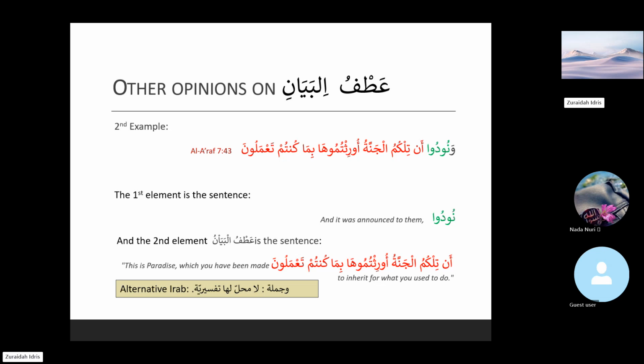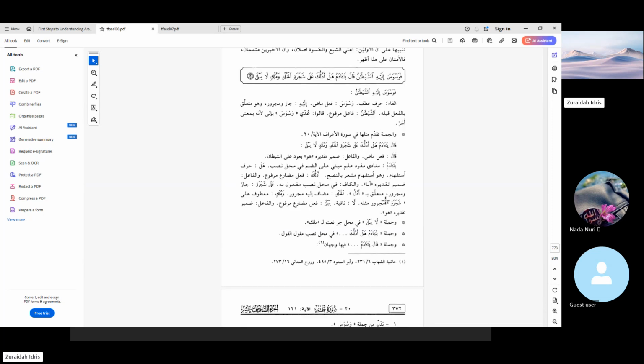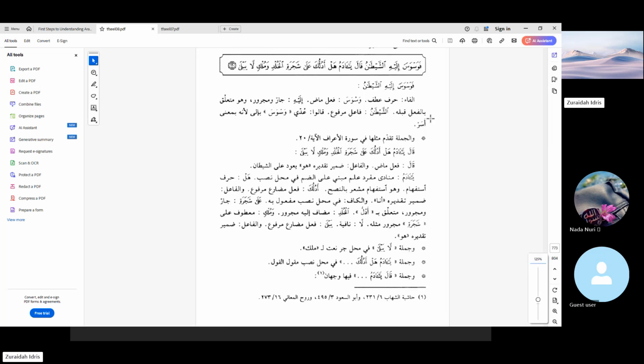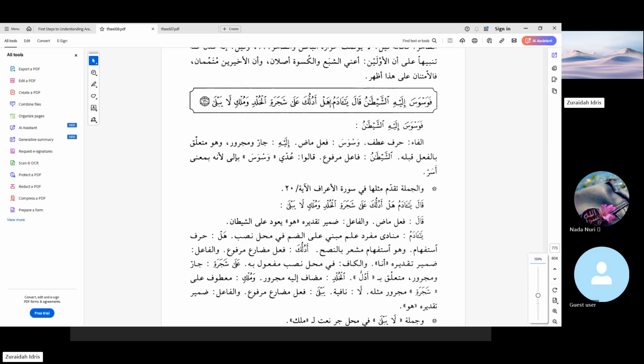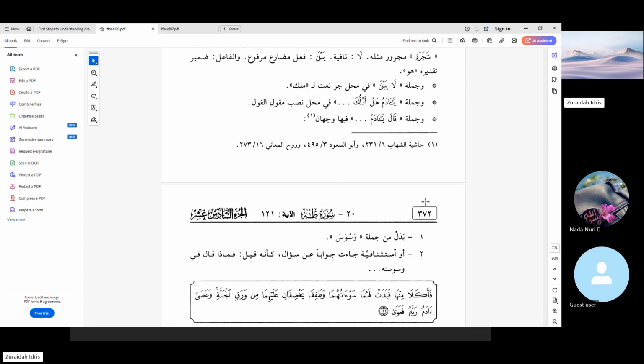So let me show you here one of the books that I was referring to, and this is Surah Taha, 120, the one that I said to note down. Yeah, here we are. This was one of the books where I did see them saying that there are two alternatives for this jumlah, Qala ya Adamu.